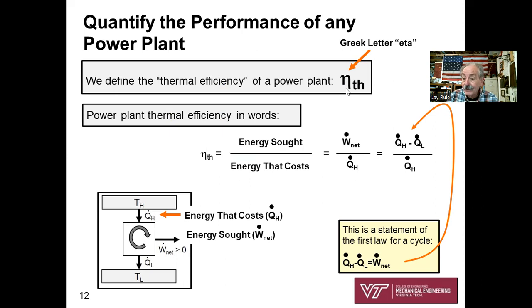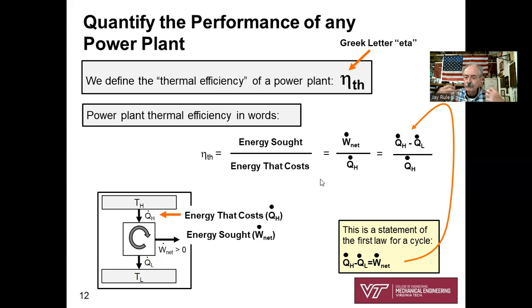This is not the letter N. My professors were so good at repeating this over and over that I finally absorbed it. The thermal efficiency is defined in words as the energy sought over the energy that costs: the objective divided by what you have to pay for. All right, so I hope that I've set this up.